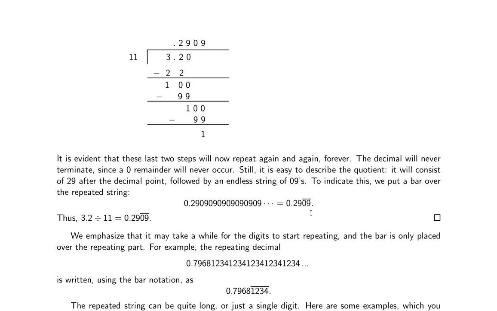Okay, so this is one way to write it, 0.29 and then 0, 9 repeating. Or, of course, for this one, you could think of 9, 0 repeating, so 0.2 and then 9, 0 with the bar over the 9, 0. That also works.